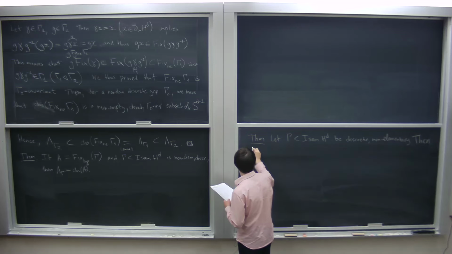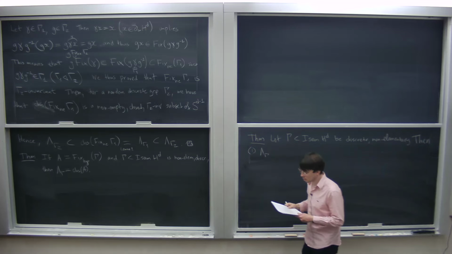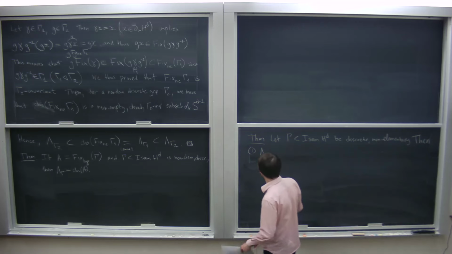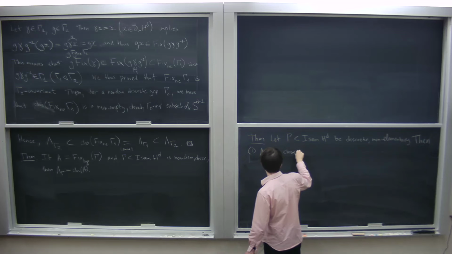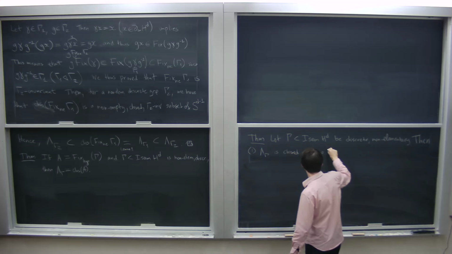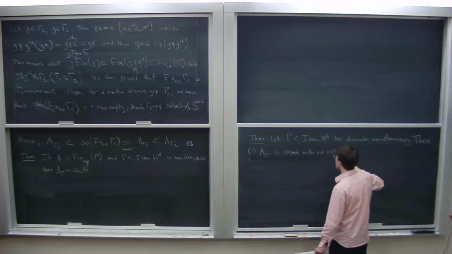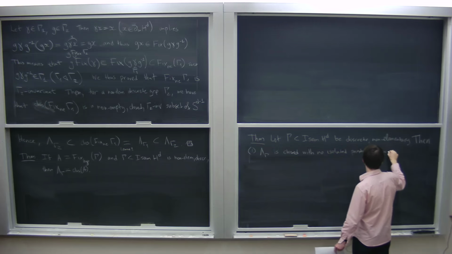The first part: lambda gamma is closed with no isolated points, and is thus uncountable.